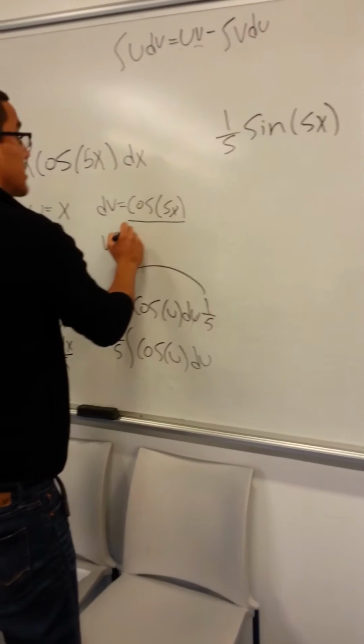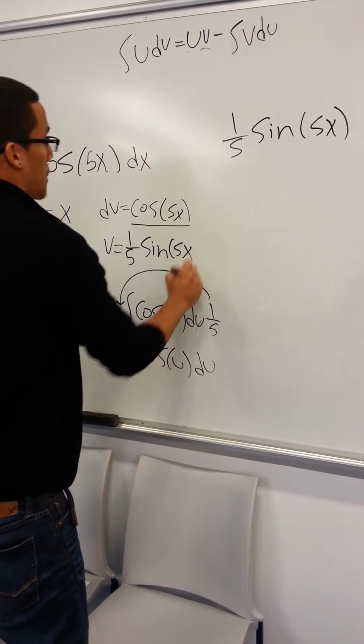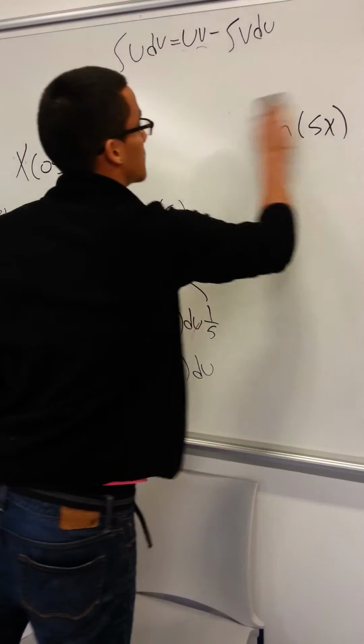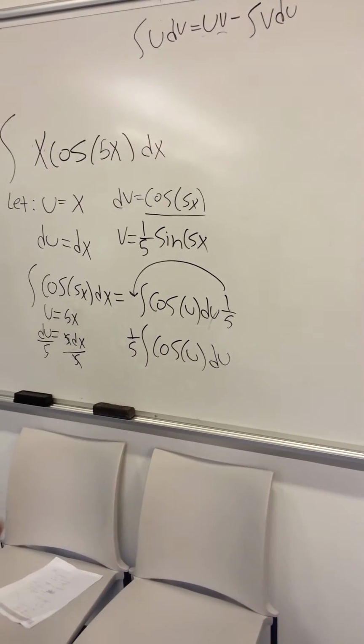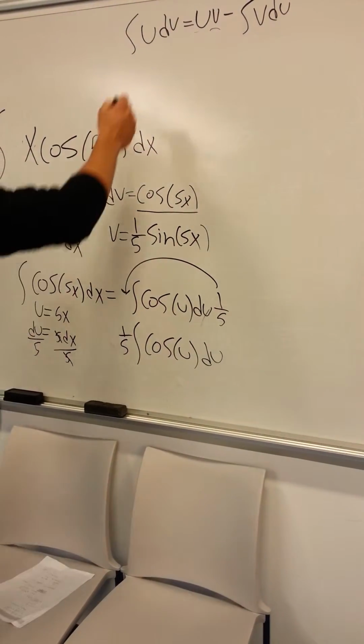So now that we know what v is, v is equal to 1 over 5 sine of 5x. We have all the parts, so we're going to use this formula right here.